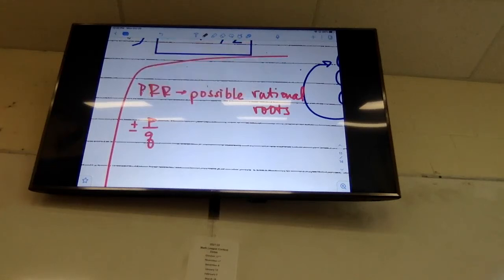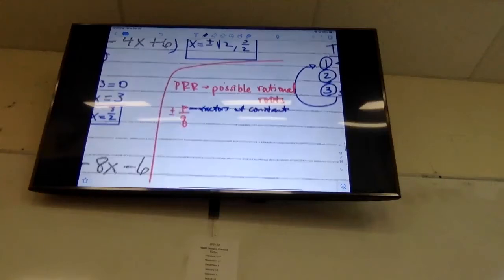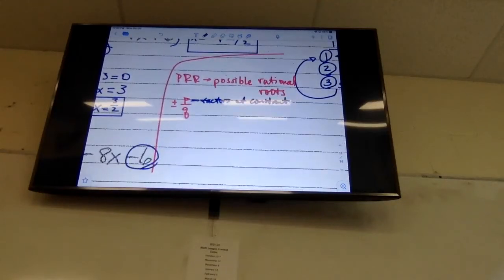We use p's and q's kind of like whenever we feel like it. What the p means here is the factors of the constant, so the number at the very end. So in letter B, negative 6 is my p. I want to list all the factors of the constant on top.